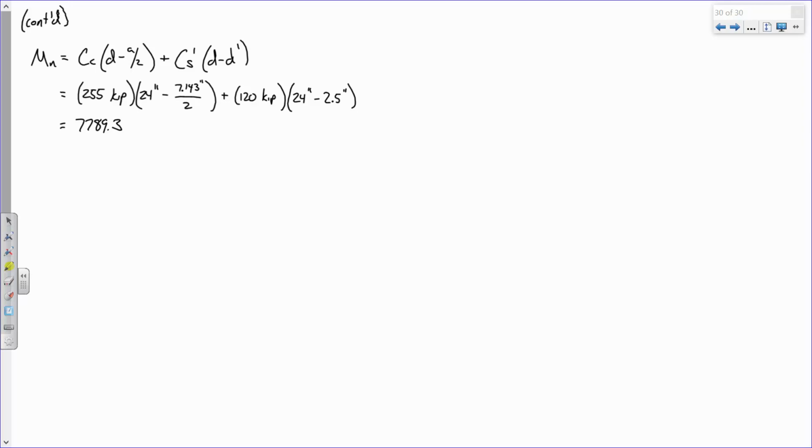The moment. Inch-kips. So dividing that by 12 ends up being 649.11 foot-kips. And remember, we already determined that phi is 0.9. So phi Mn, I'll go ahead and do that for you. 0.9 times that is 584.2.